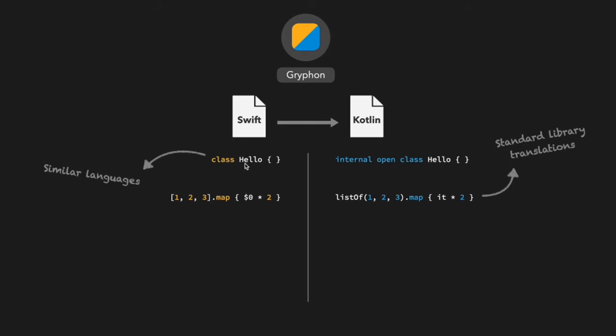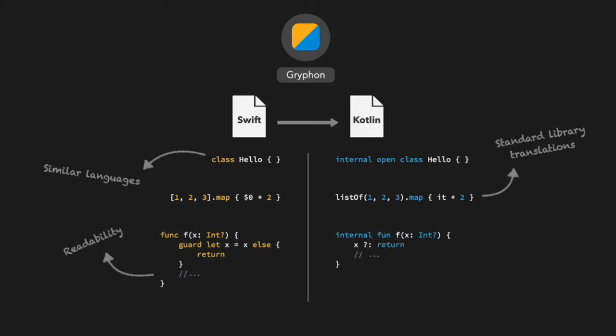So the generated code is simpler, the library that we have to use is simpler, and in some cases the translation is even simpler than the original code, because Gryphon tries to identify all of the patterns that it can find on the Swift code, like this guard let here, and turn it into more idiomatic Kotlin code.